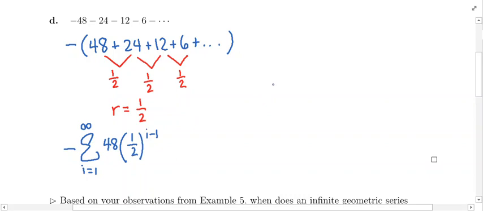Let's continue to write out terms of the series here. To go from one term to the next, we just need to multiply the prior term by 1/2.